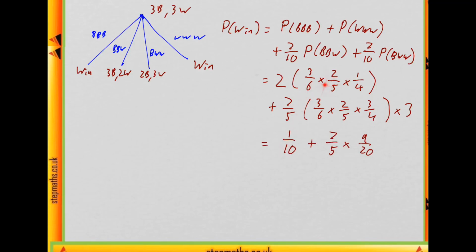So the first one comes to 2/20, which is 1/10. This part comes to 9/20, and I multiply by 7/5. So what's this going to be? It's going to be 63 hundredths, and I can call this 10 hundredths. So if I add those together, it comes out to 73 hundredths, and that's my final answer.